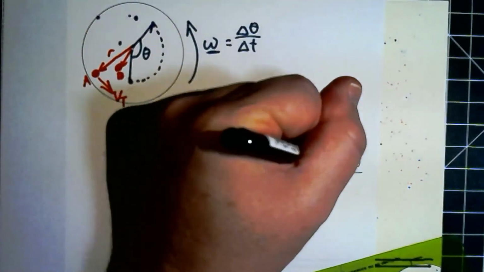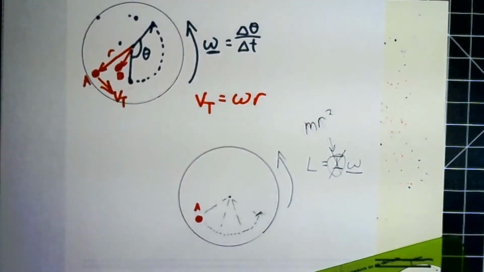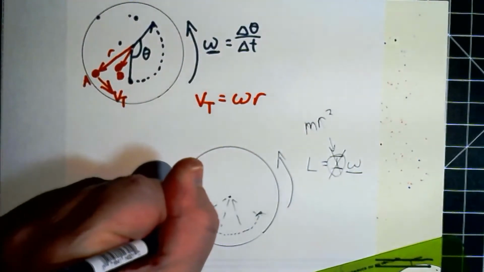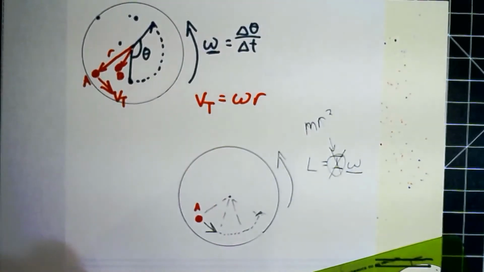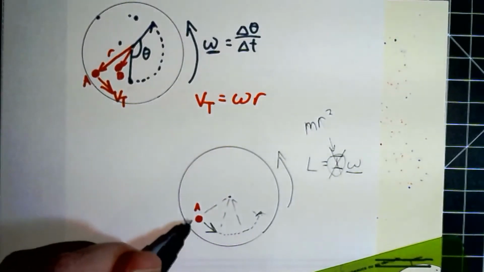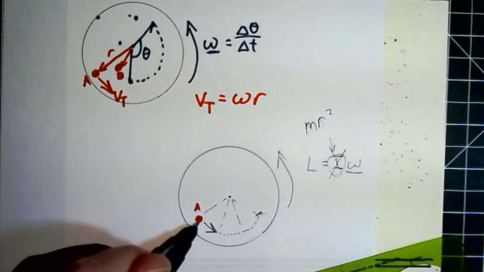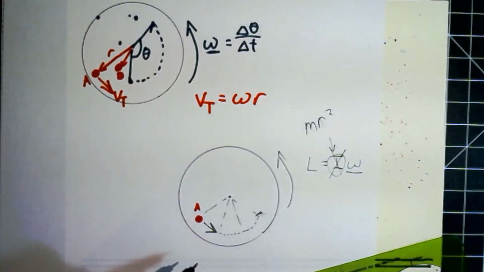But what would happen to the angular speed? Well, if you start to walk forward, that means you're exerting some kind of force from your feet onto the bottom of the platform.